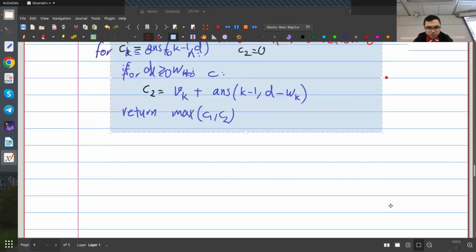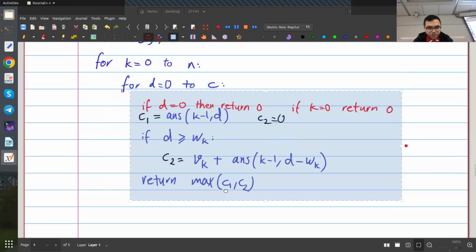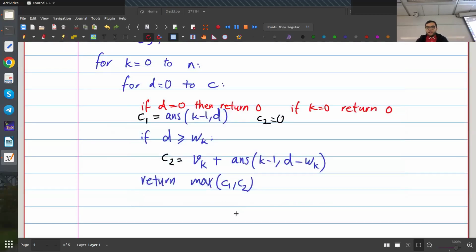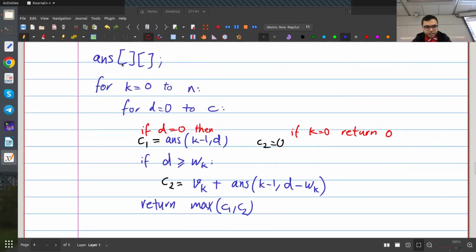And by the way, this is probably the only course where we like it if you're lazy. So if D is 0, I don't have anything to return, so I would just write it in this answer table. So the answer of K, D is 0. And if K is 0, also, I don't have anything to return. The answer of K, D is 0.